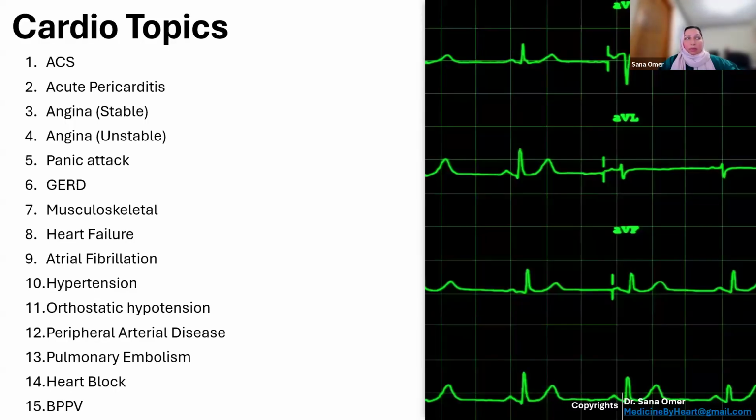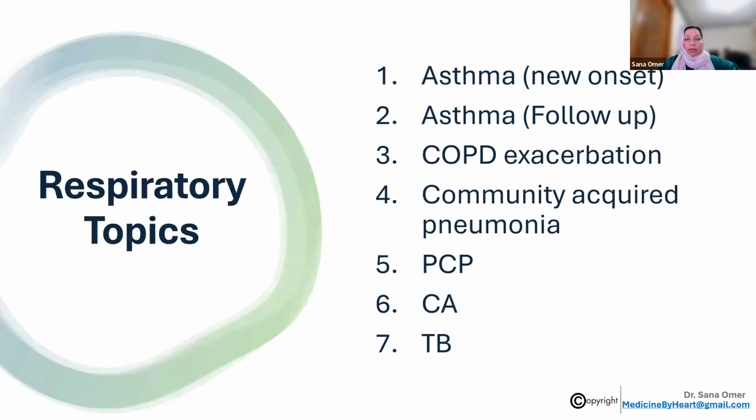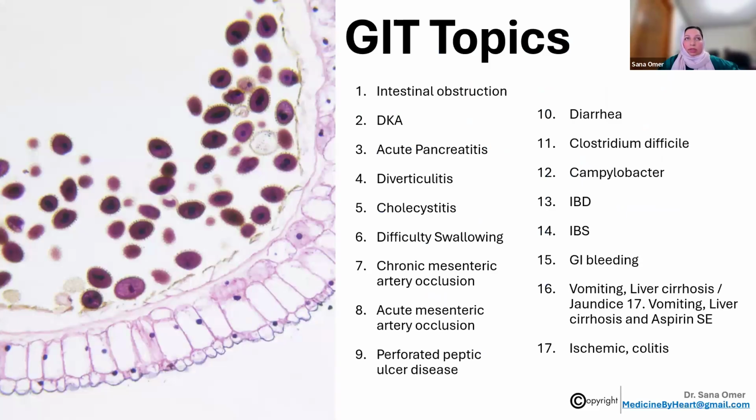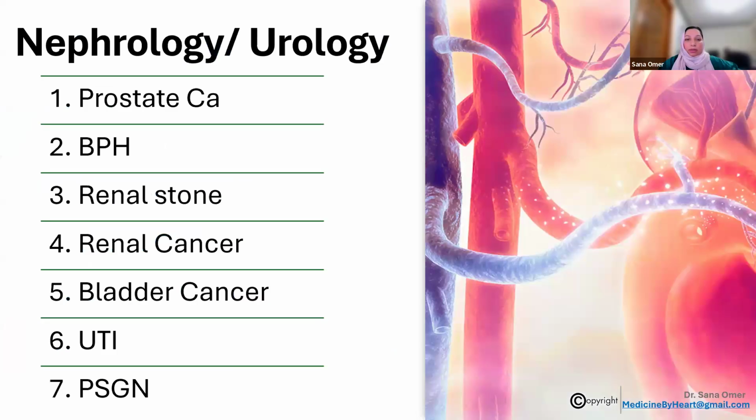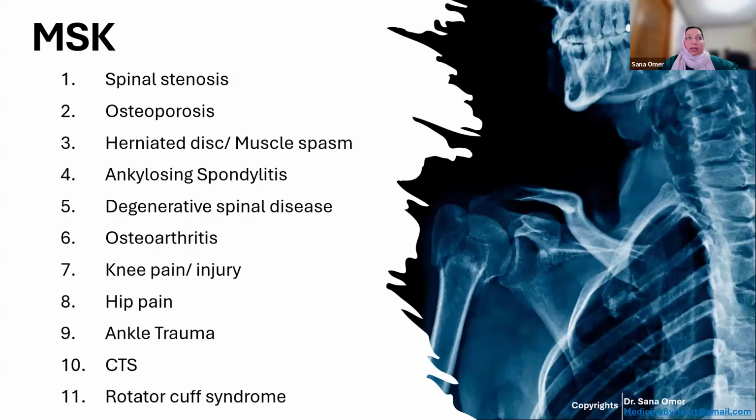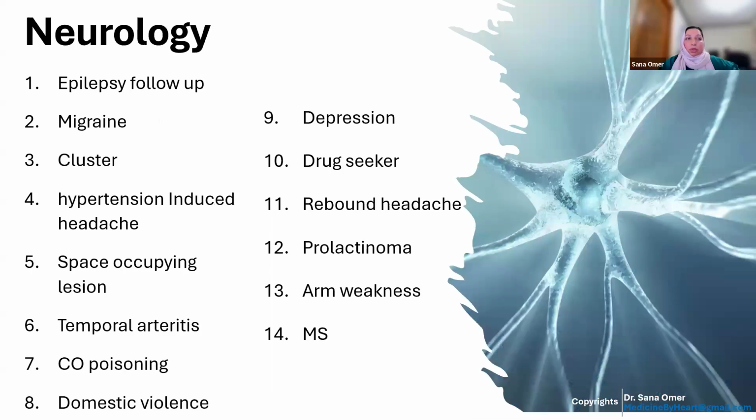These are the topics that we will be covering. In cardiology, you can see we have almost 15 topics. We will be talking about these topics and the scenarios around them. In respiratory, we have almost seven high yield topics. I even give high yield X-rays and ECGs with the cardio and respiratory units. Other than that, in GIT, we have almost 17 topics. Then nephro-uro, almost 7 topics, which are high yield, important, and cover all aspects. Then some MSK topics. Neurology, we have almost 14 topics that we cover.